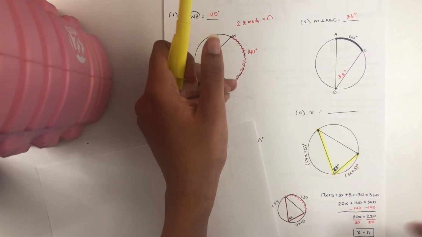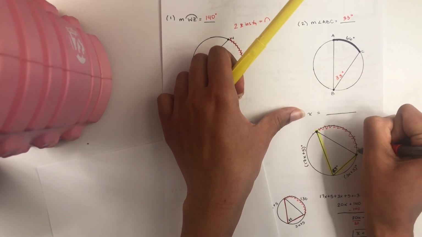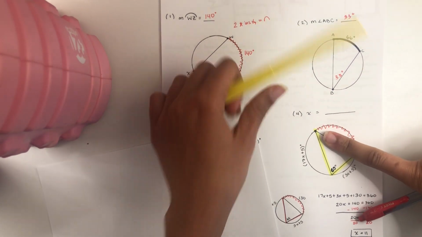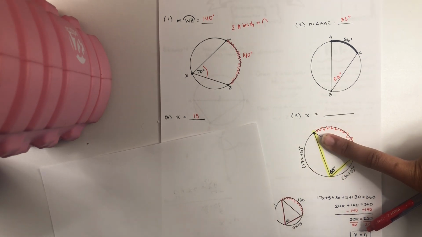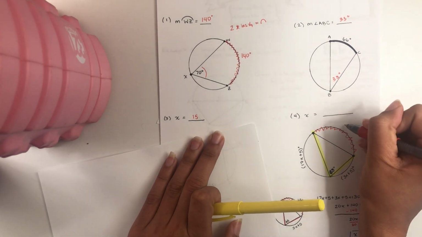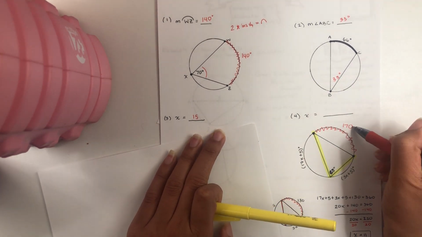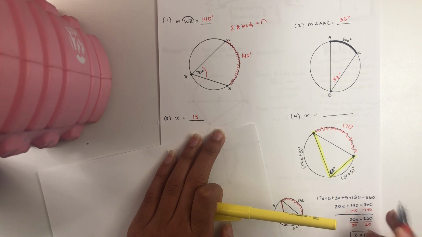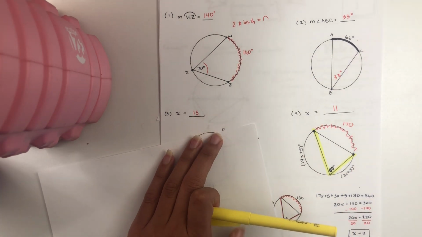This angle makes this arc, right? If you ignore this line here, this angle makes this arc. So you take this and you multiply by 2. 65 times 2 is 170. So that means this plus this equals 360. Solve for x, you should get 11. All right.